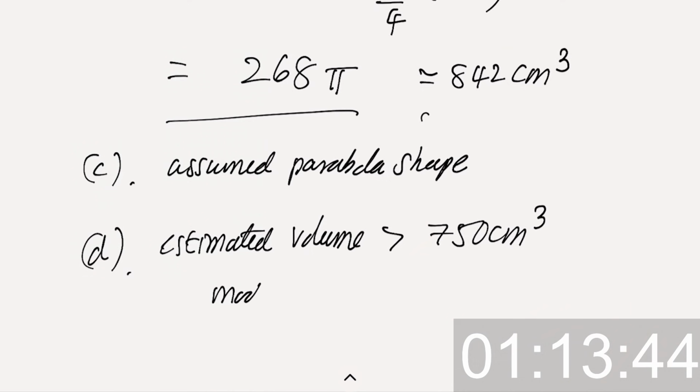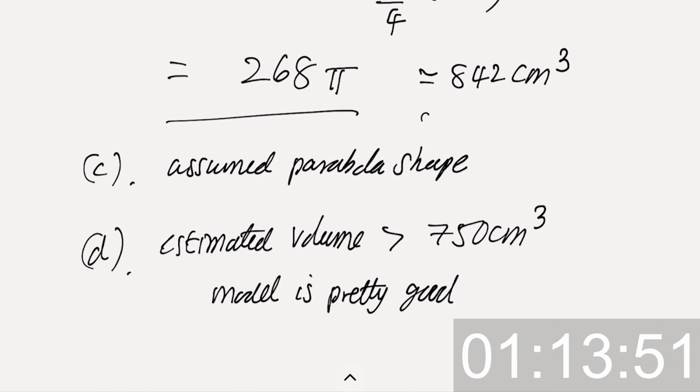They're never right full to the top when you get a bottle of anything. So I think the model is pretty good. We're not a million miles off. 842, 750, that's about right, I think, because you wouldn't fill it full again. Model is pretty good. Smiley face.